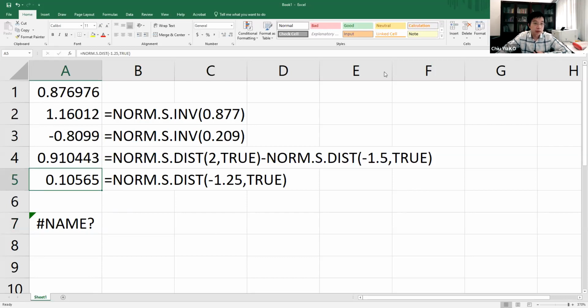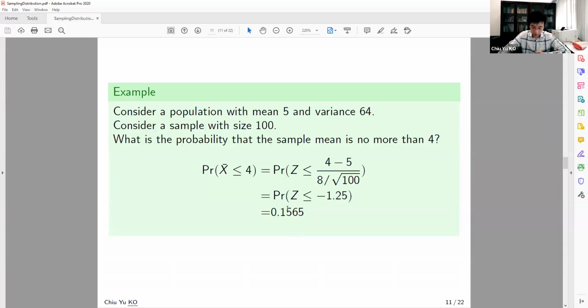It should be 0.105. Sorry for the typo, so there should be a 0 there. Make sure you correct your slide in case you do revision in the future.